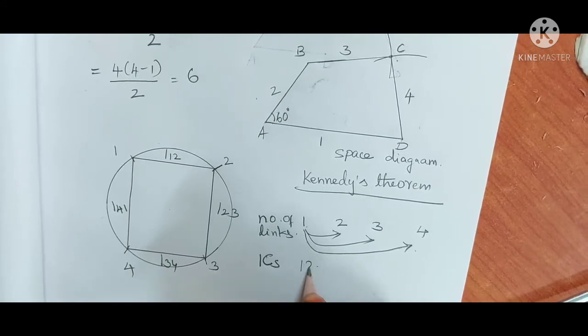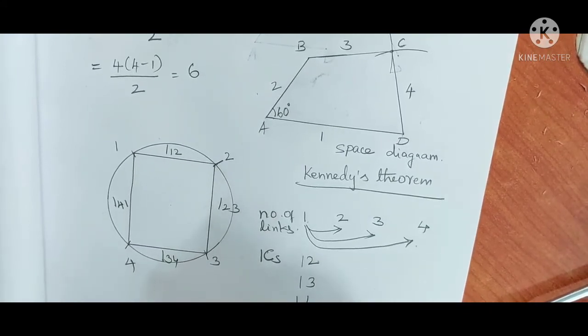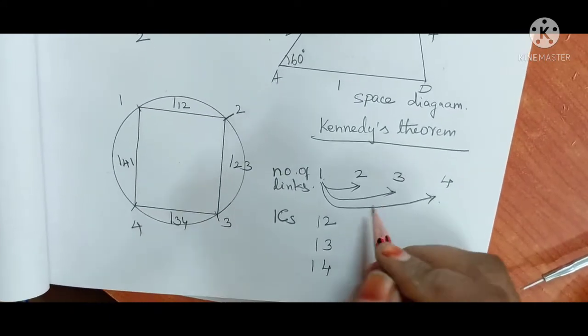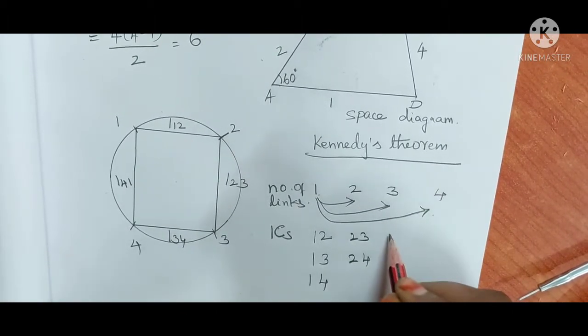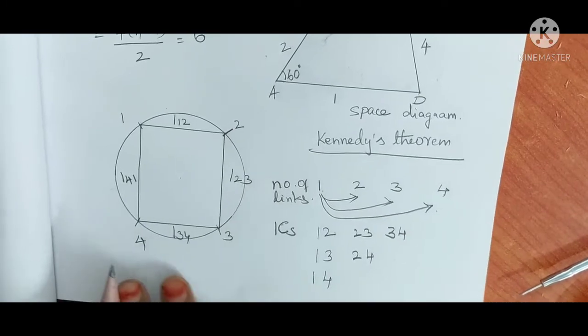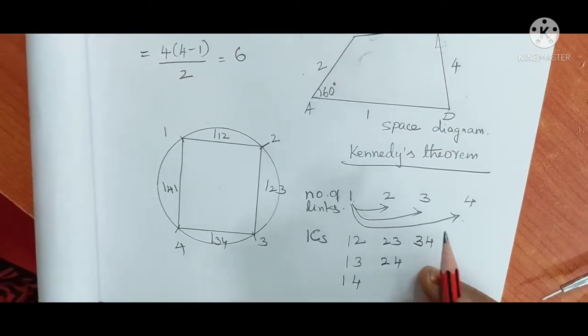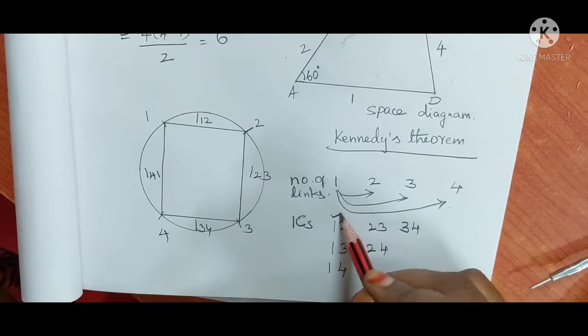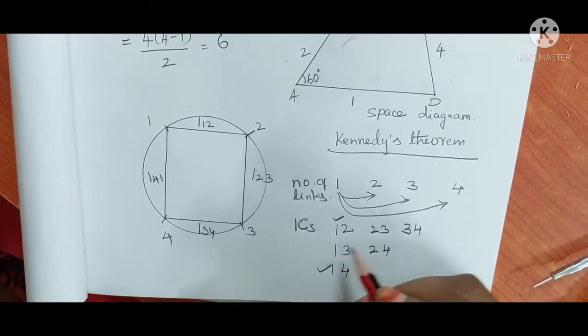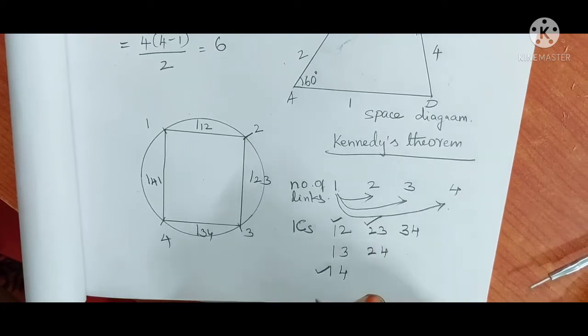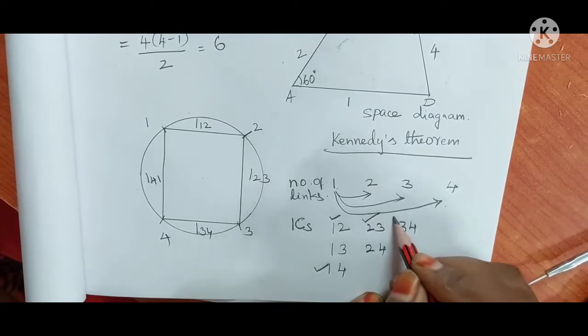So 1 2, 1 3, 1 4. Then for link 2: 2 3, 2 4. For link 3: 3 4. In the circle diagram, we already have 1 2, 1 4, then 2 3, and 3 4 also.